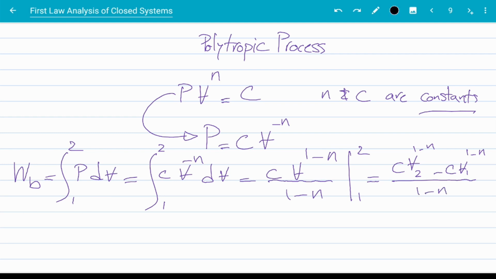Now remember, C is P times V to the power of n, which is P1 V1^n or P2 V2^n.